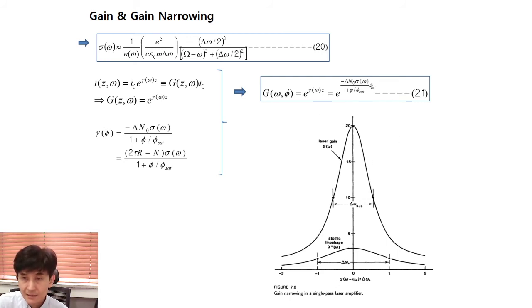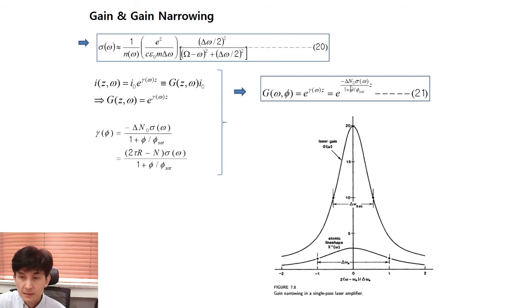And this is the line shape of the imaginary part of chi, and this is G.